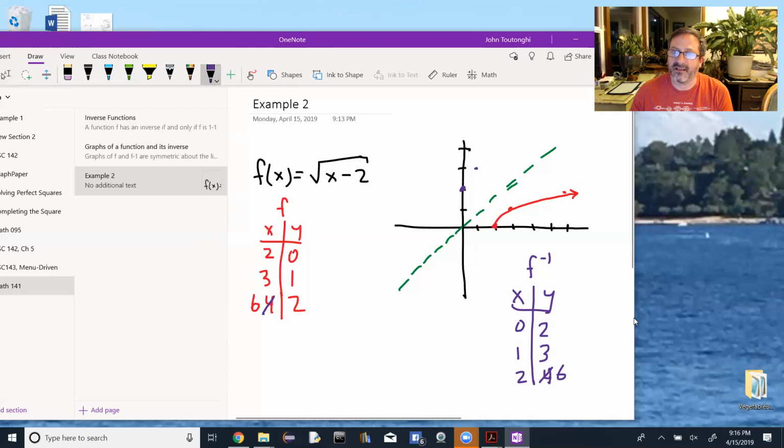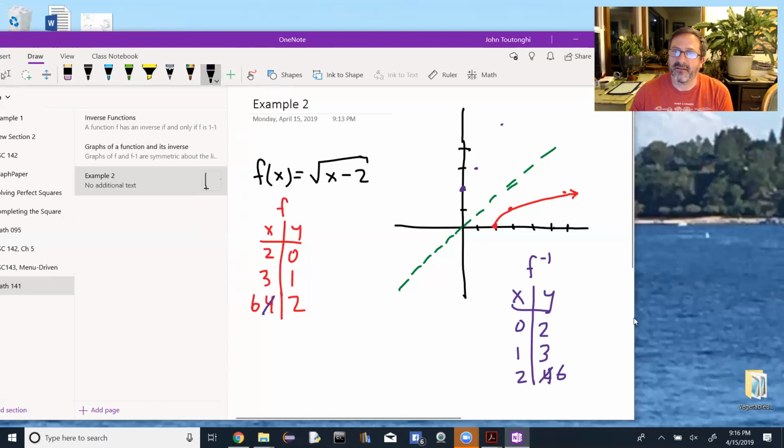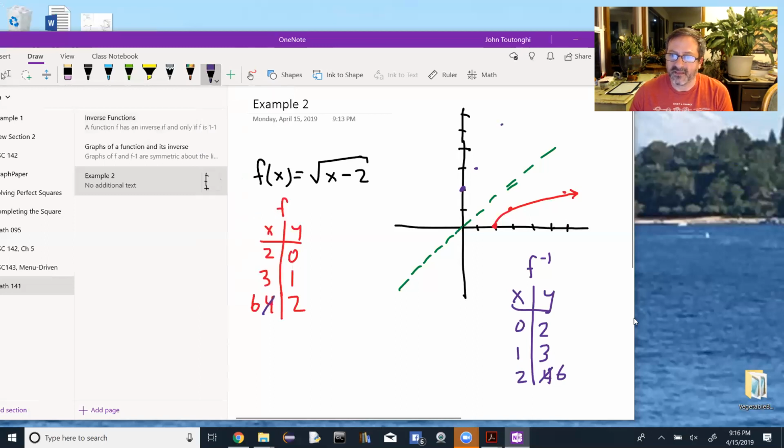I need to go a little higher. A little higher on my grid. 5, 6. And go back to purple. So 0, 2, 1, 3, 2, 6. Gonna be a little higher.